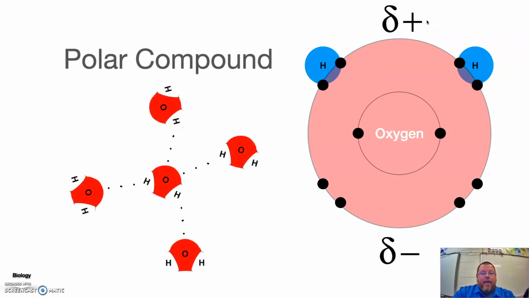Now this polarity is going to lead to a lot of the properties that water has. And if you take a look over here, we've got 5 different water molecules, and they've got these little dotted lines in between. What these dotted lines represent are something called hydrogen bonds.